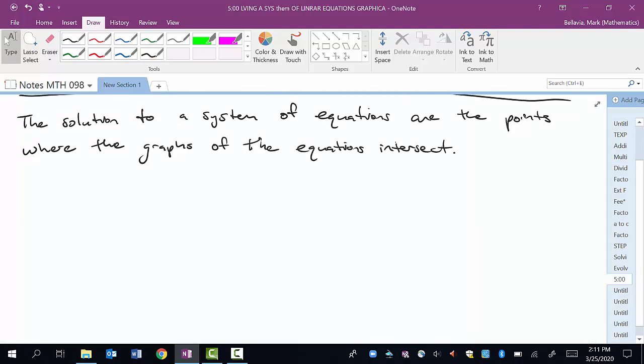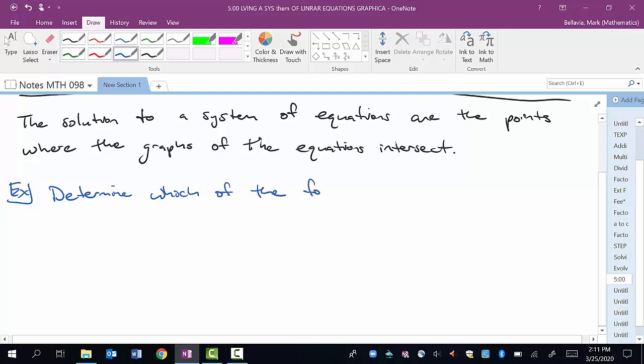So let's take a look at just an example. We'll say determine which of the following ordered pairs is a solution to the system.